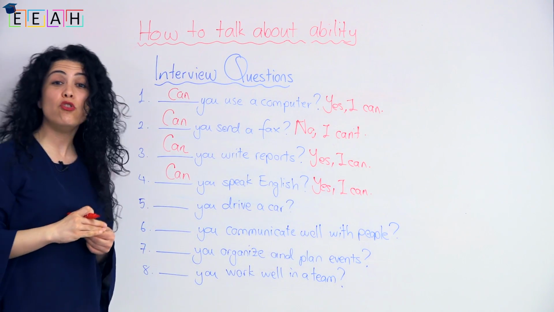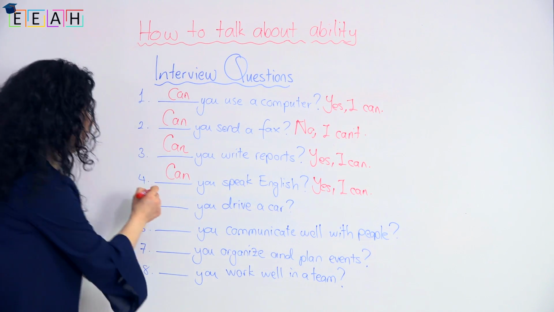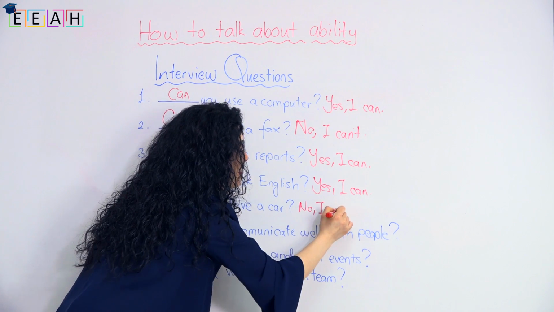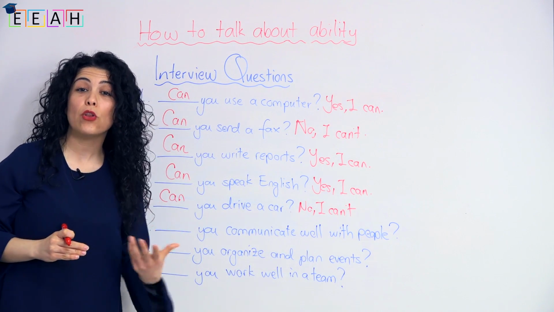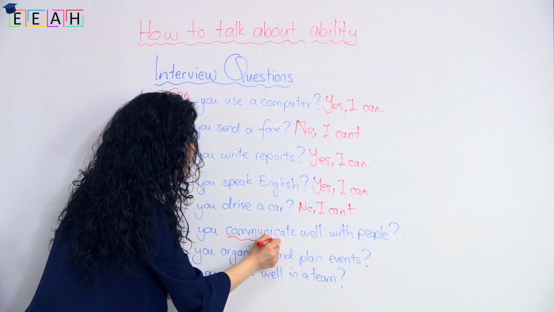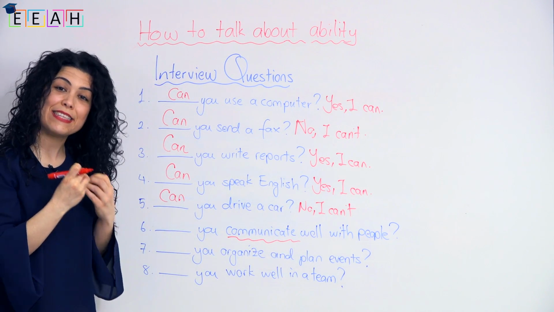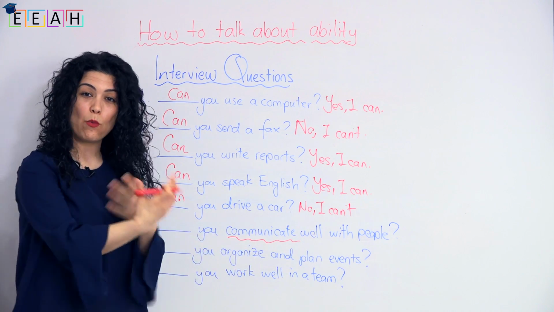Next one. Can you drive a car? Well, no, I can't. What about you? Hopefully you can. All right. The other one. Can you communicate well with people? So to communicate means to speak well and understand what they say well, right? Express yourself easily, communicate well.